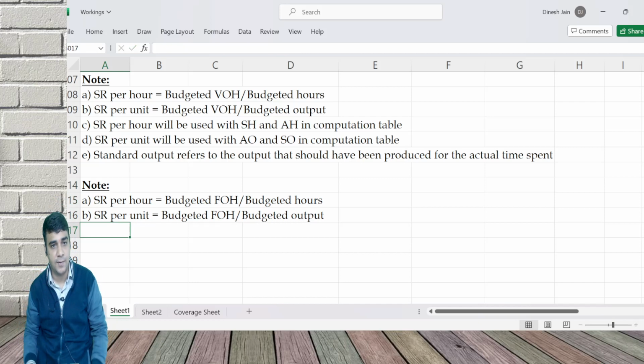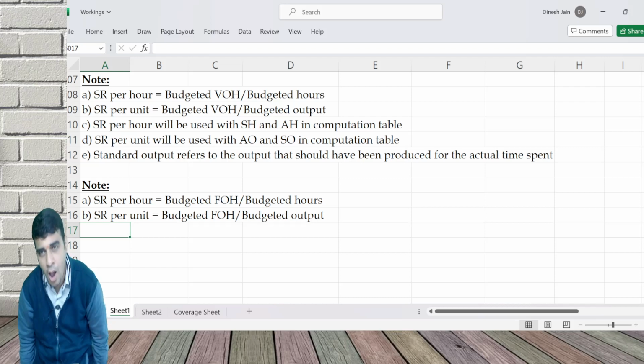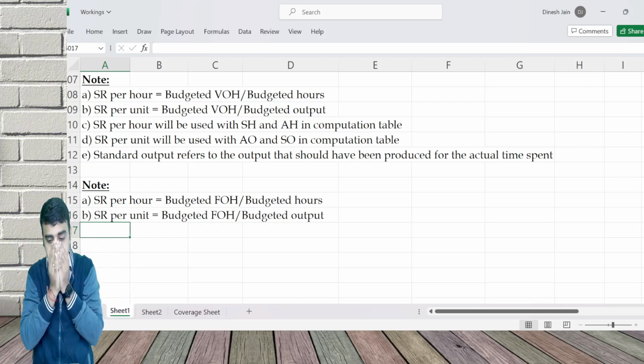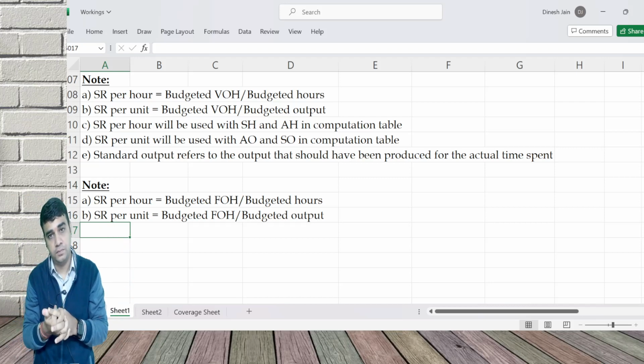Earlier you wrote budgeted variable overhead, now budgeted fixed overhead. SR per hour, SR per unit.